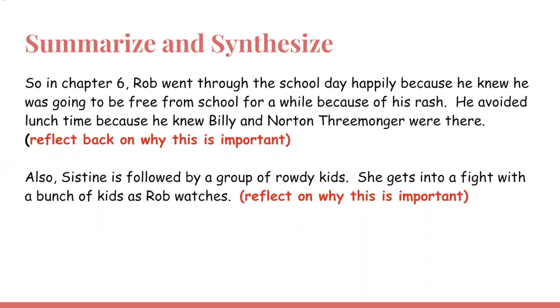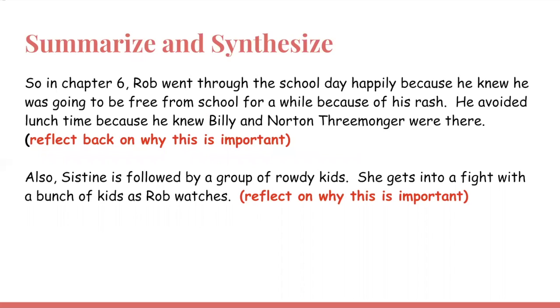So first, Rob sees the tiger. Next, he's waiting for the bus. Then he gets picked on by Billy and Norton Threemonger on the bus. Then he meets Sistine. They go to school and Sistine introduces herself to the class.